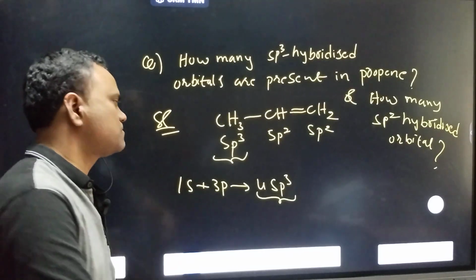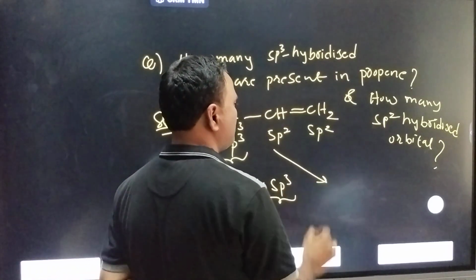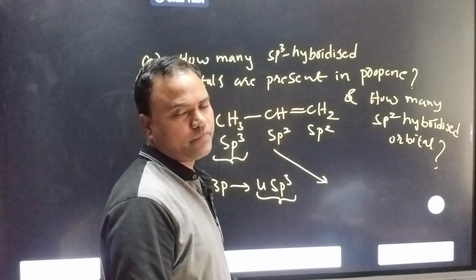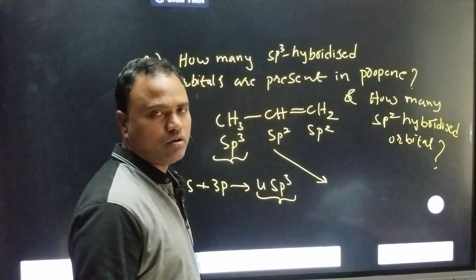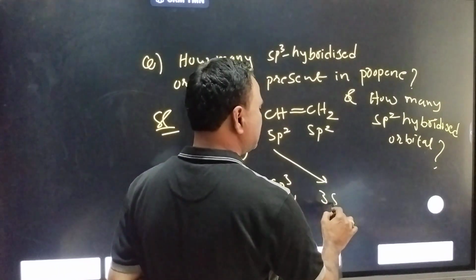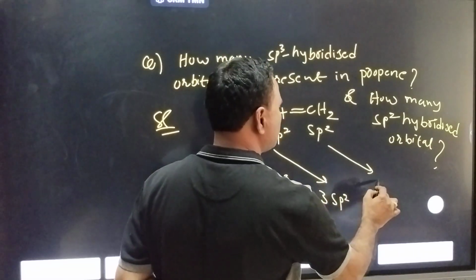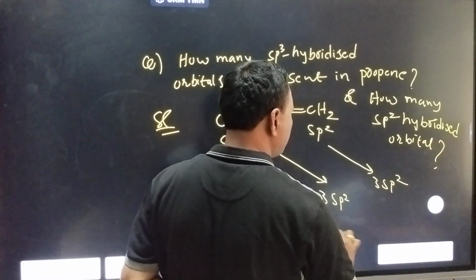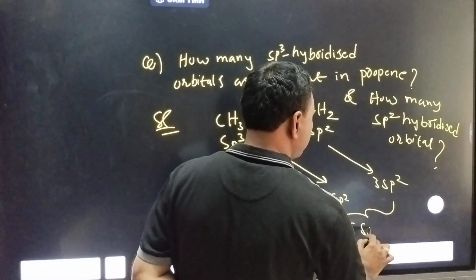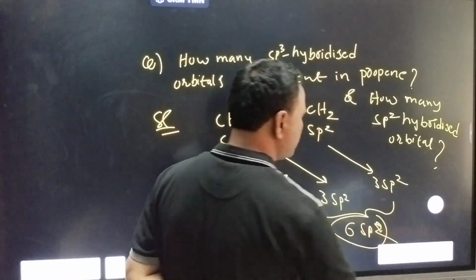How 6? According to the definition, 1 s orbital and 2 p orbitals produce 3 sp2 hybridized orbitals. Here also 3 sp2 hybridized, 3 plus 3 is 6. 6 sp2 hybridized orbitals is the correct answer.